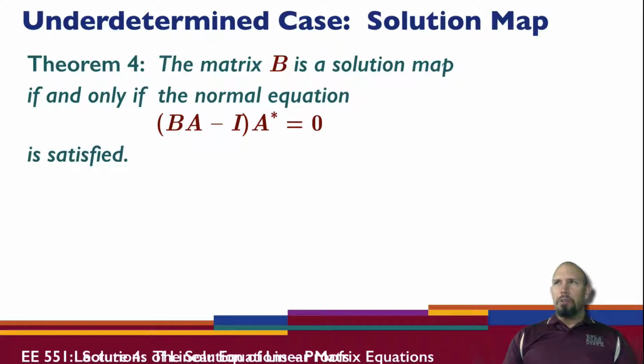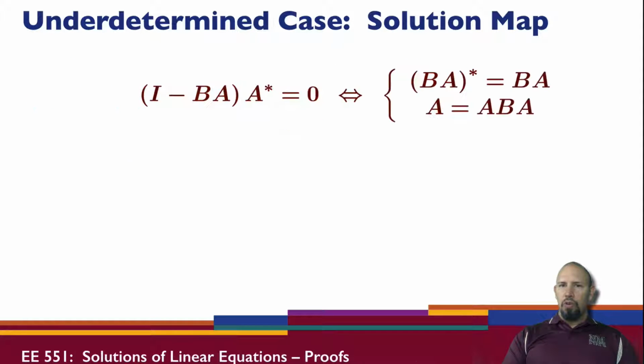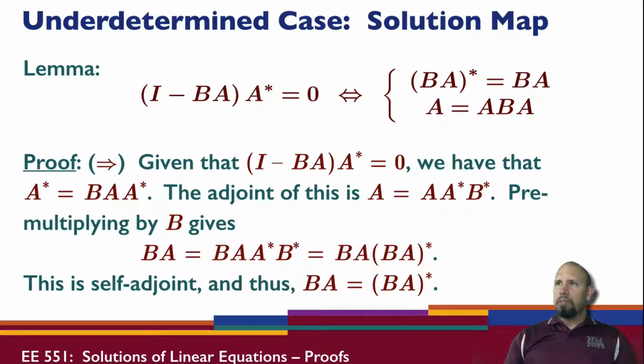Let's move on to the solution map for the underdetermined case. The matrix B is a solution map if and only if the normal equation is satisfied. So first of all, we have this lemma that says this equation is equivalent to these two conditions. So let's first prove this lemma. Given that this is 0, just multiplying through, we have that A adjoint is equal to B A adjoint.